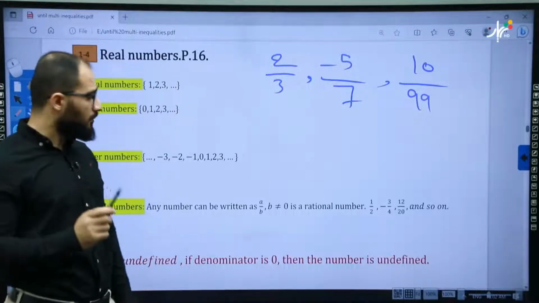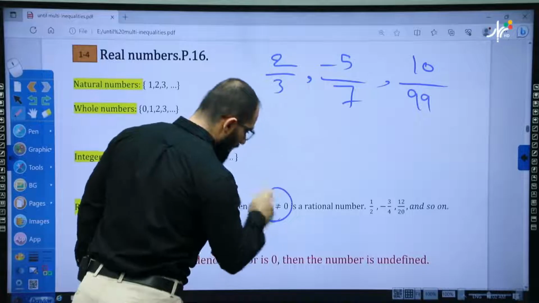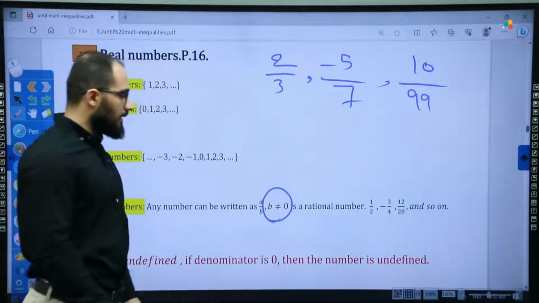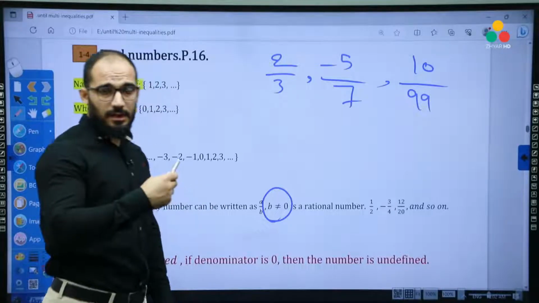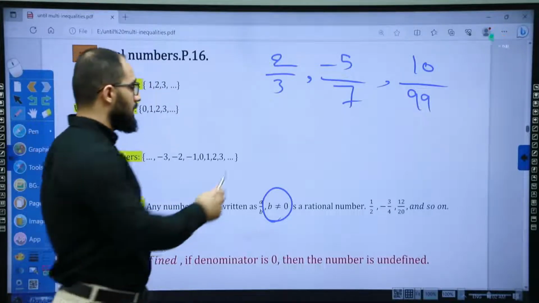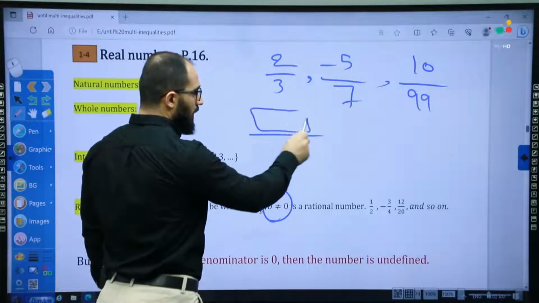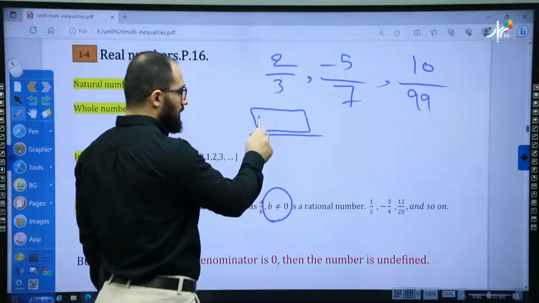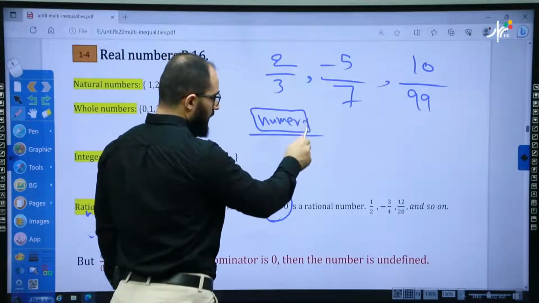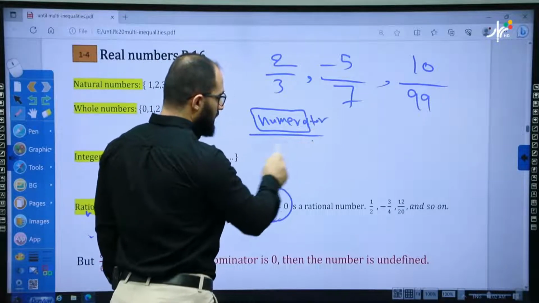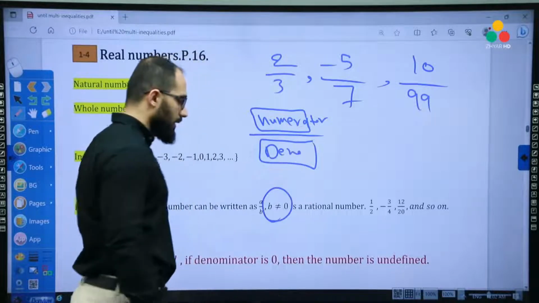But there is one important point you have to be careful about. Maybe you ask that question: what if the denominator is 0? If you remember, in the previous classes we explained that the top part of the fraction is the numerator, and the bottom part is the denominator.